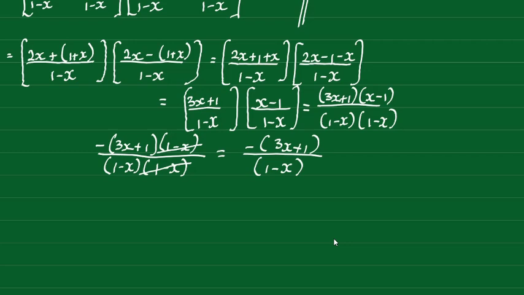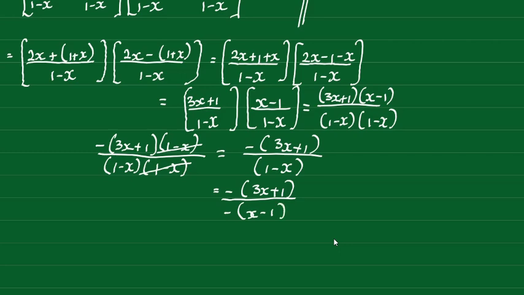Lastly, we factor out minus at our denominator to enable us to cancel out the minus at our numerator. Factor out minus, so this leaves us with minus (3x plus 1) divided by minus (x minus 1).